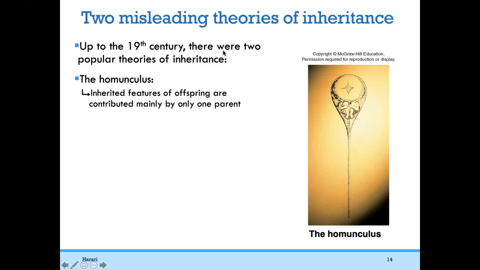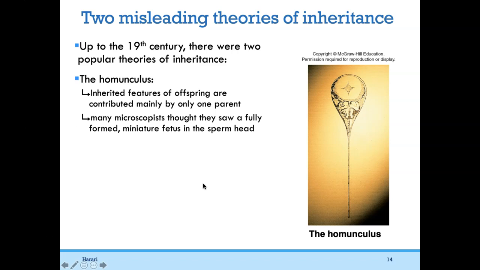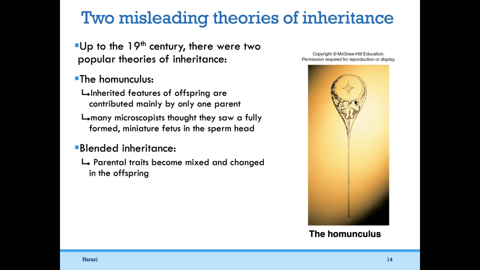And then when it would go into the female, it would just allow that mini human to grow into an embryo. So many microscopists actually said that they saw a fully formed miniature fetus in the sperm's head. And they were convinced that the sperm has this mini little man in it, mini little female in it, and that it just develops into a bigger thing once it's in the female. So we know that's nonsense.